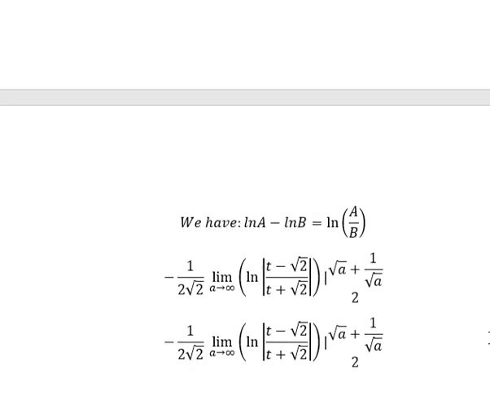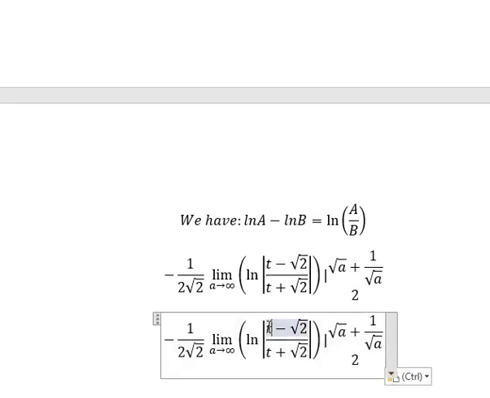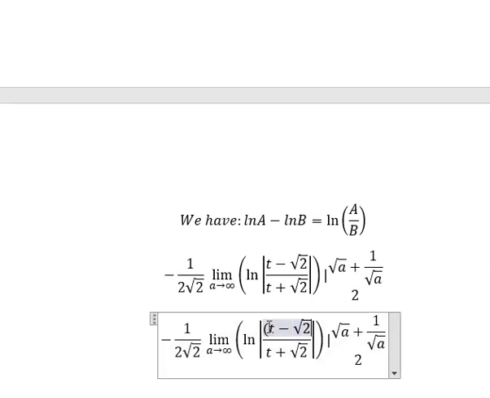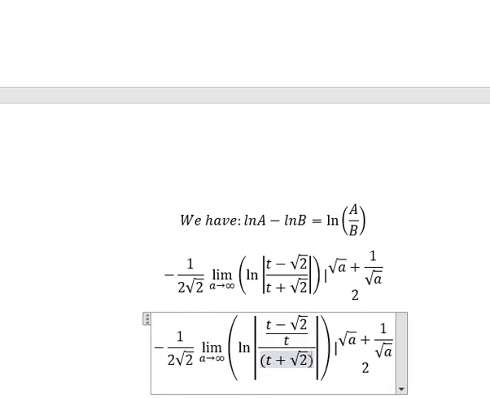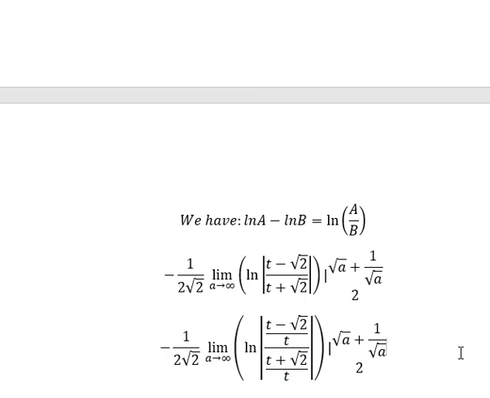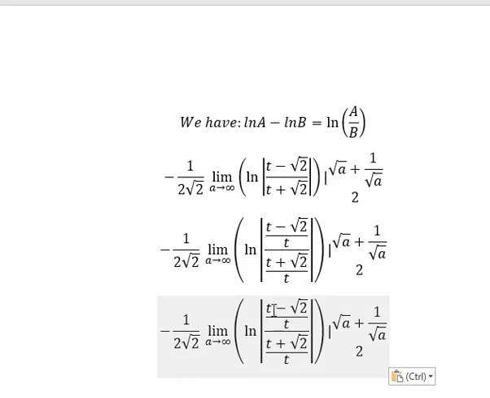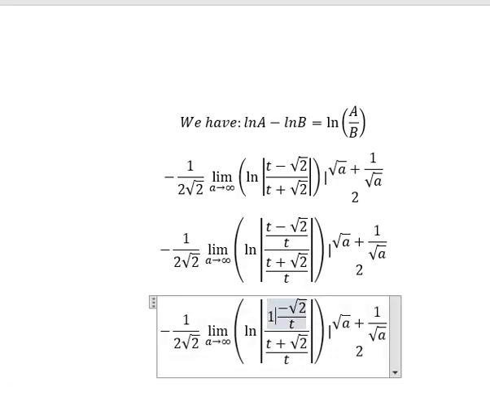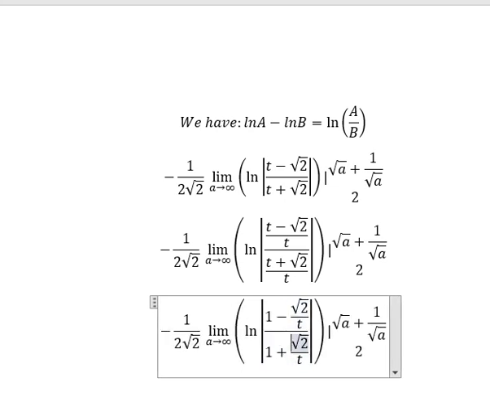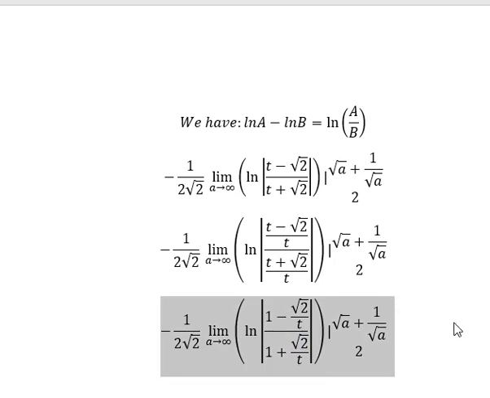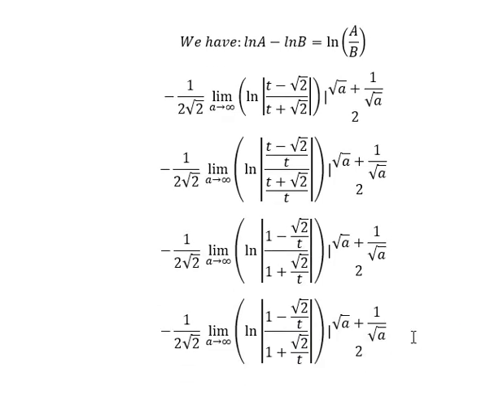So we need to divide by t on numerator and denominator. So t divided by t, we have number 1. Similar for this one. Now we can put the bounds going here.